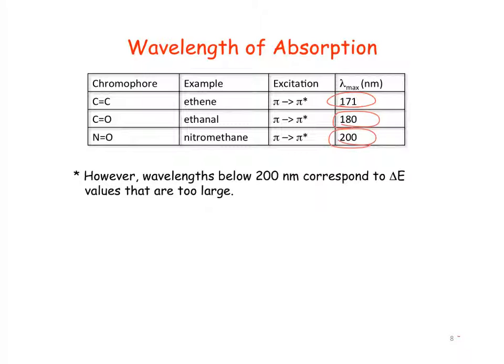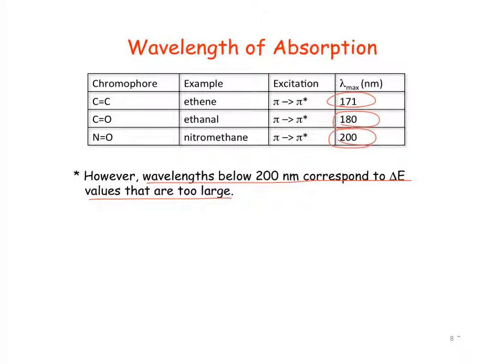No, they're too short in wavelength. These correspond to an energy difference that's too great. It's out of the range of our typical instrumentation. There are instruments that can measure it in this range, but not the usual ultraviolet-visible spectrophotometer.